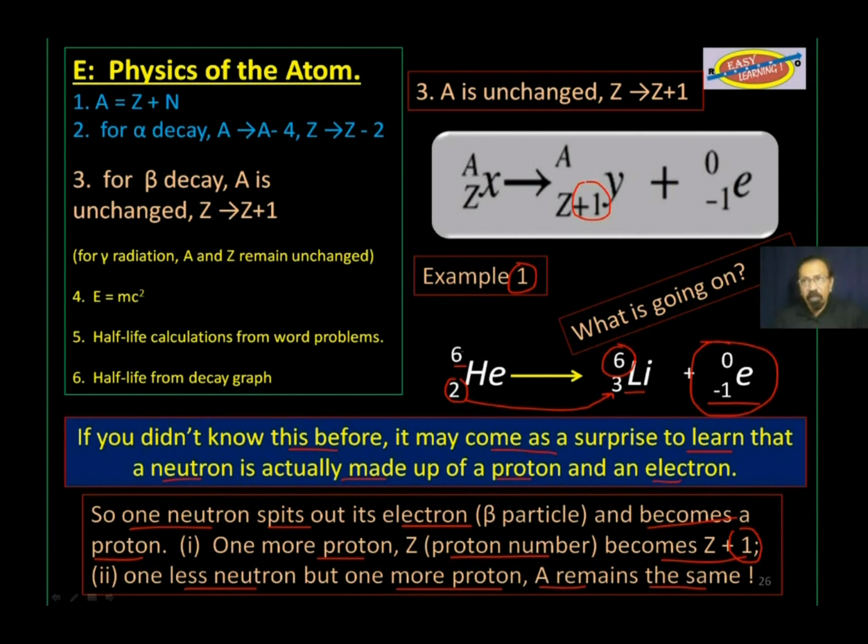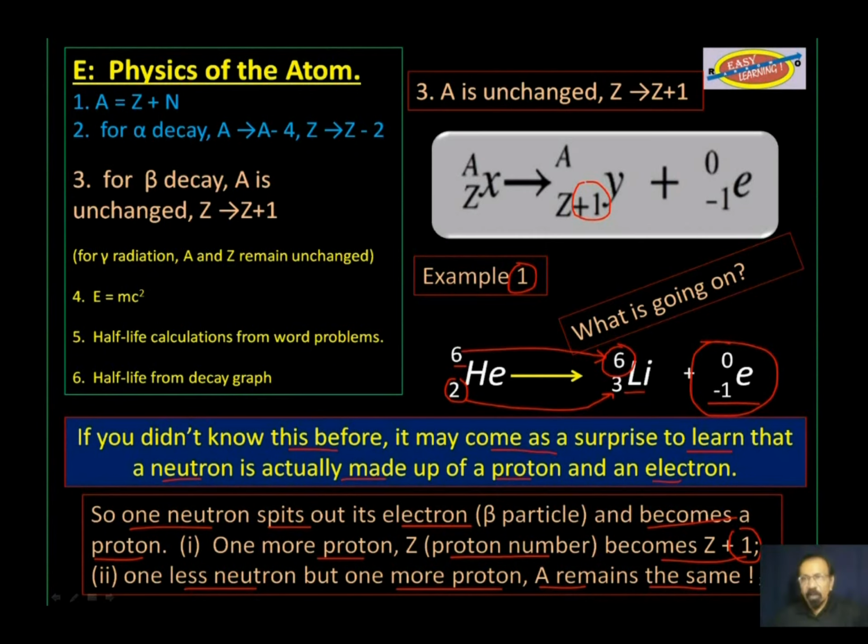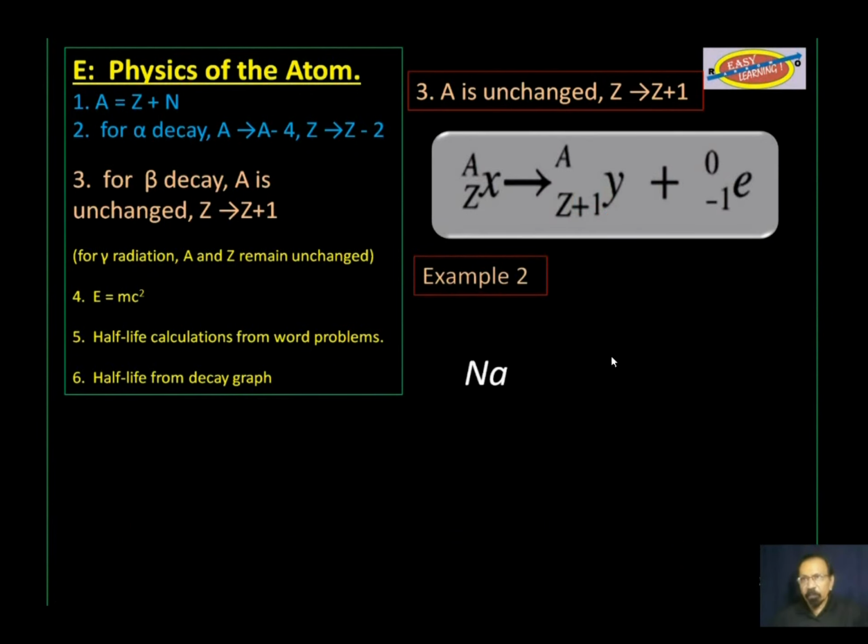And so you have this 6 remaining as 6. So the proton number increases by 1, and the nuclear number, which is the mass number, stays the same. Now, this was example 1 for helium. Let's look at another example.